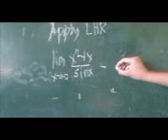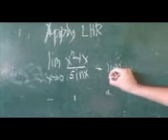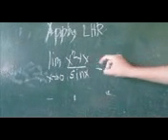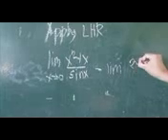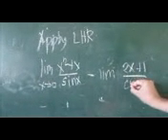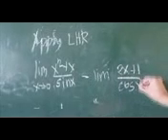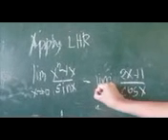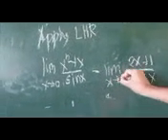Now we have the limit of the derivative of the numerator, which is 2x plus 1, all over the derivative of the denominator, which is cosine x, where x approaches 0.